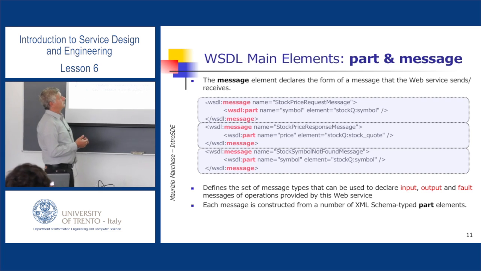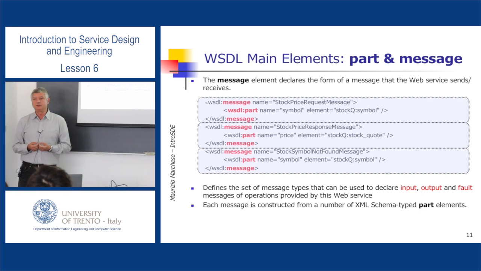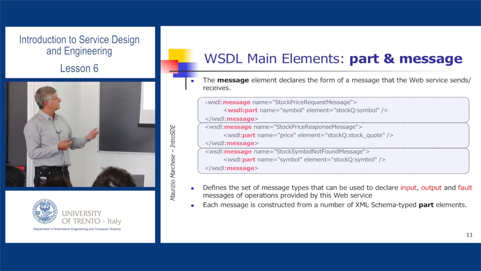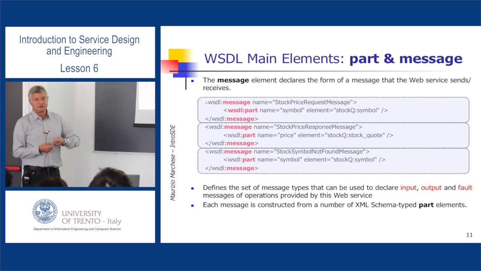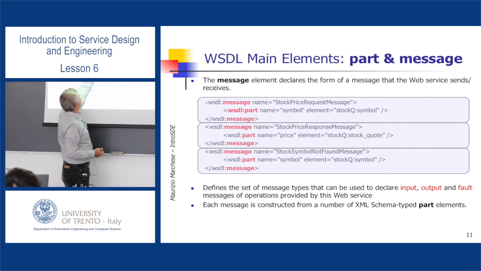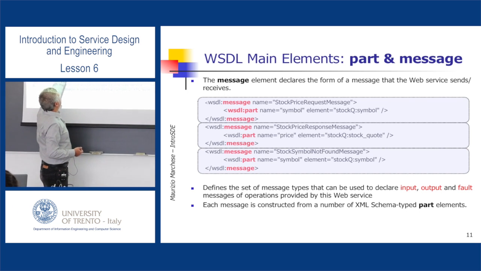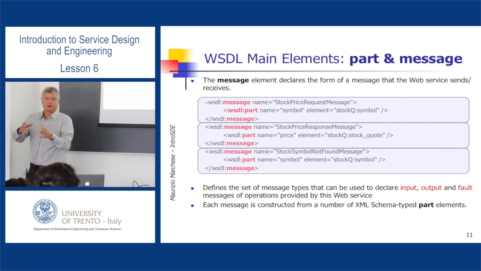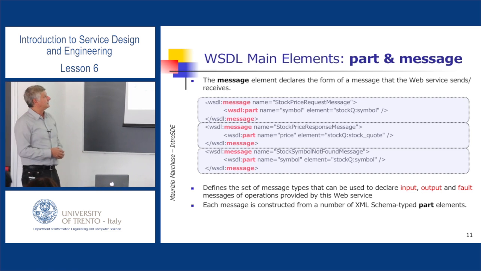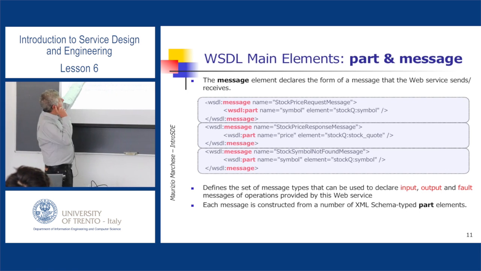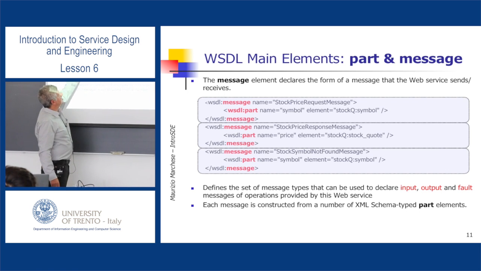One message is very probably going to be used as input for the service, in which something is going to ask you the symbol. So it is made of only one part. In real cases, you can use as many parts as you want. You are defining the messages, so it could be only one parameter, more than one parameter, etc. And you can combine them together. For this example, we only need a message that is asking for the symbol.